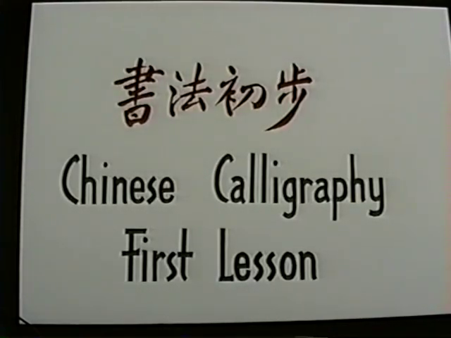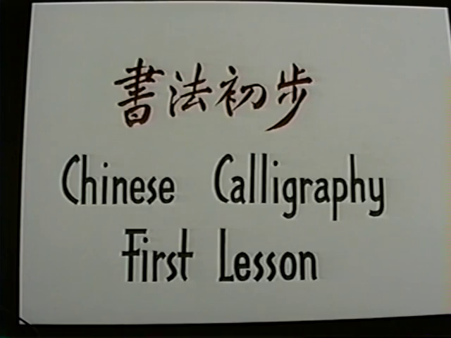Greetings. This is Professor Zhu speaking. This will be the tape, the first lesson of Chinese calligraphy. The words calligraph or calligraphy, surely most of you know the meaning. C-A-L-L-I, Kali, means beautiful.